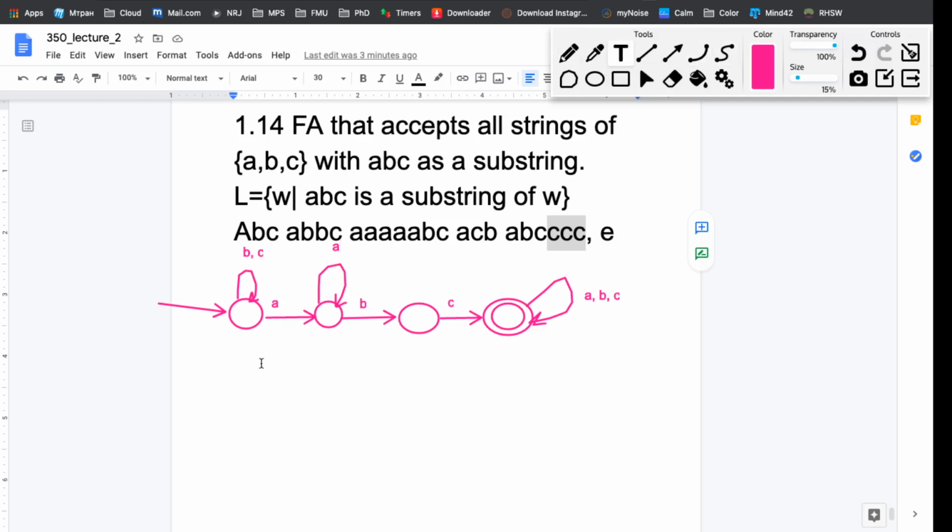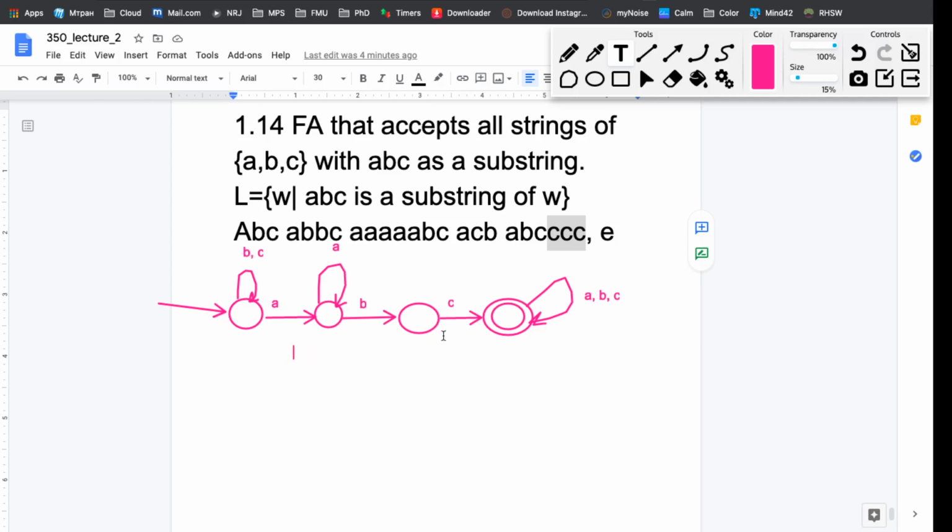Here's why: if I have a string, let's say AABC, on A I'll go over here, and on one more A I'll loop. If I have a couple more A's, I also need to be in this state, because then I'll be looking for B and C to accept. So I can't go back over there. If I go from this state to the earlier state on A, then with A, and then B, C, I'll be looping there, so I'll be rejecting. So that's not possible.